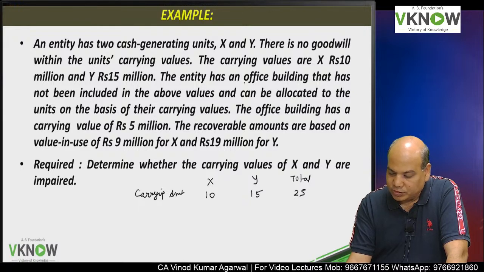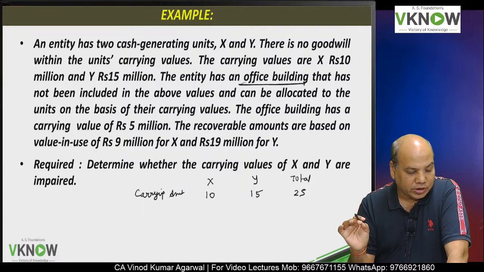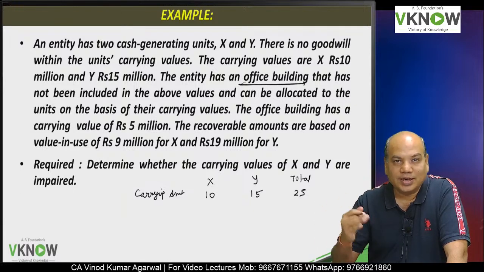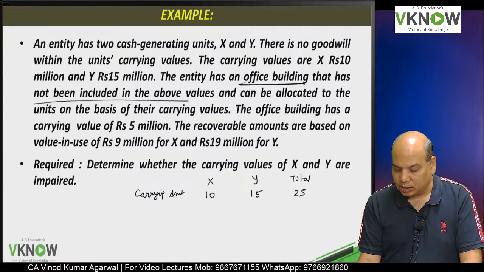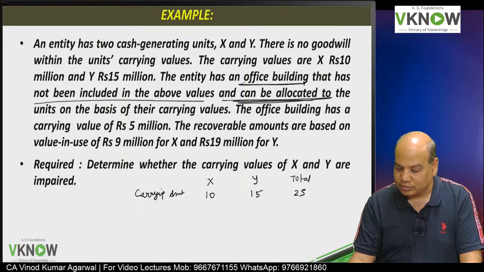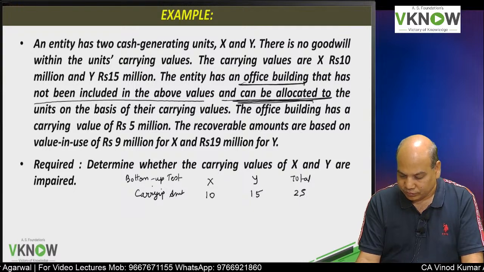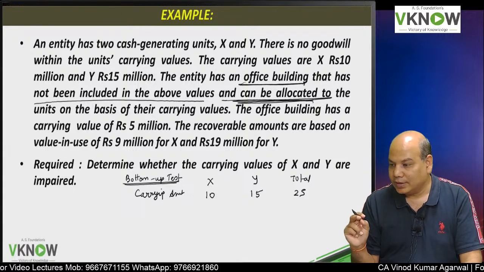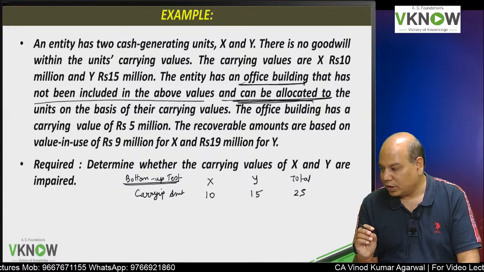The office building is called a corporate asset because it does not generate independent cash flow, but it helps other CGUs in generation of cash flows. That has not been included in the above values and can be allocated. Can be allocated means we are going to perform the bottom-up test. You can mention in your book somewhere, to the units on the basis of their respective carrying values.